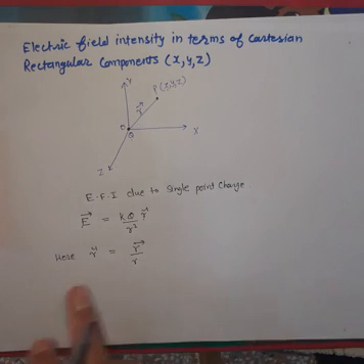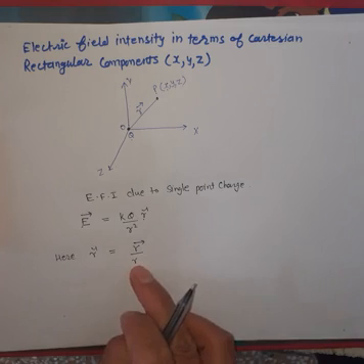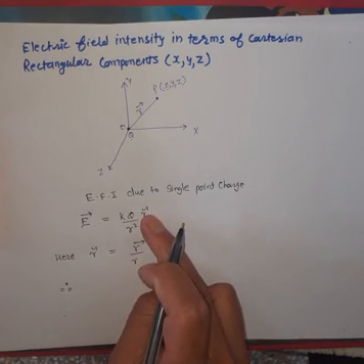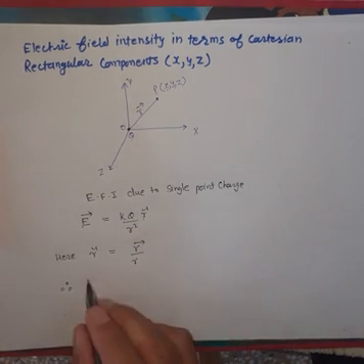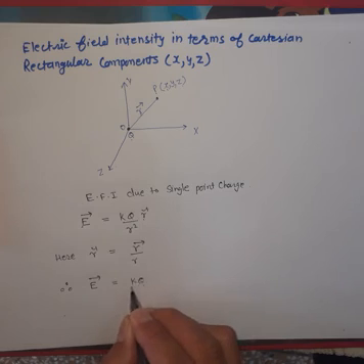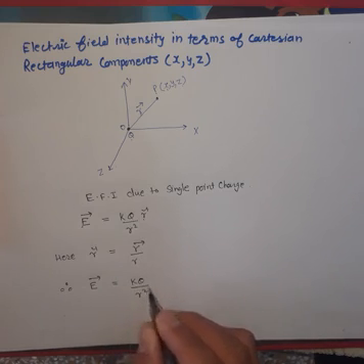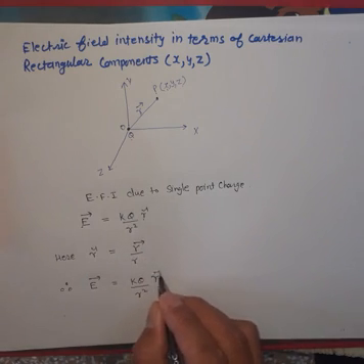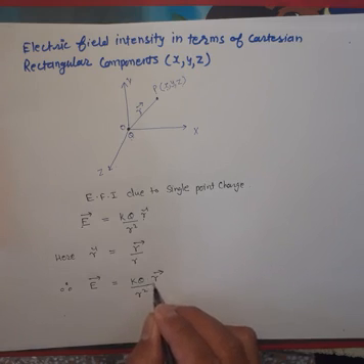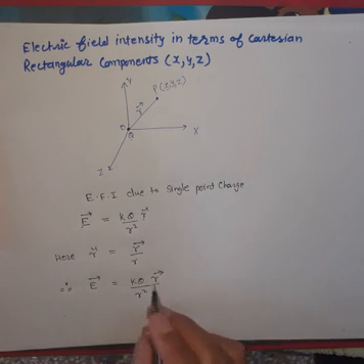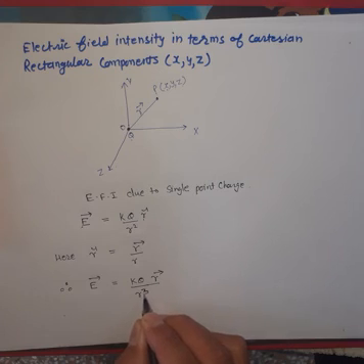Then if I put this value here, I get E vector equals kq by r square, and this unit vector value is r vector upon r, so one more r will come. Already there is r square, one more r comes, so it will be r cube. I am going to write it as r cube.